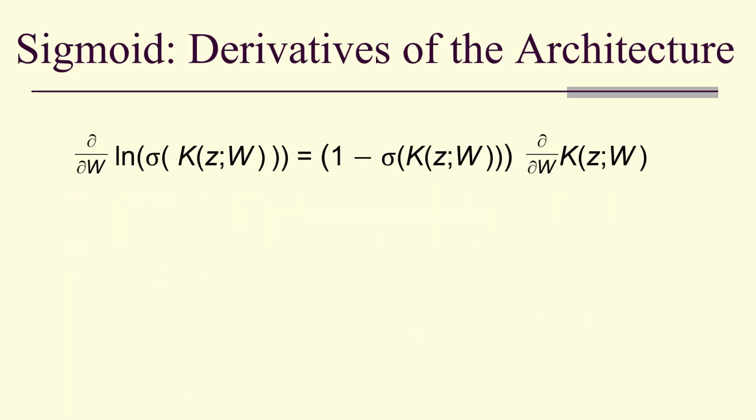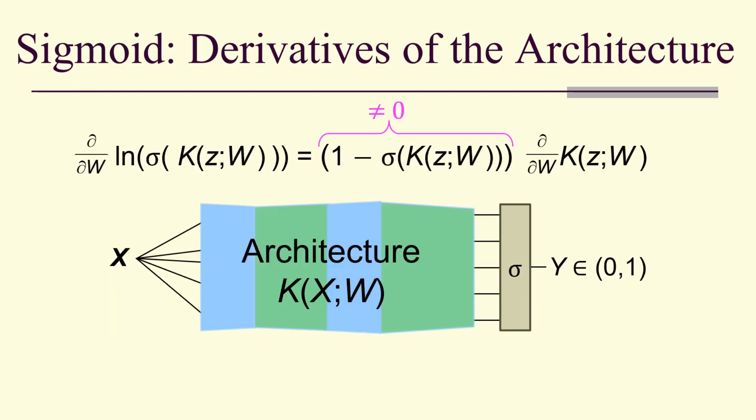Now this derivative of the logarithm equals 1 minus sigma times the derivative of the kernel. The sigma is between 0 and 1, so this first part cannot be equal to 0. So that means to get 0, we have to look at the kernel. And what is the kernel when you have an architecture?